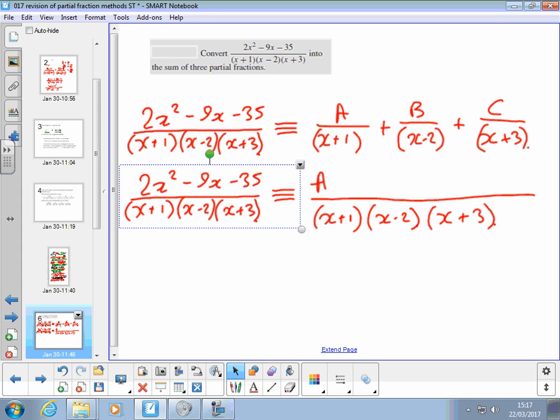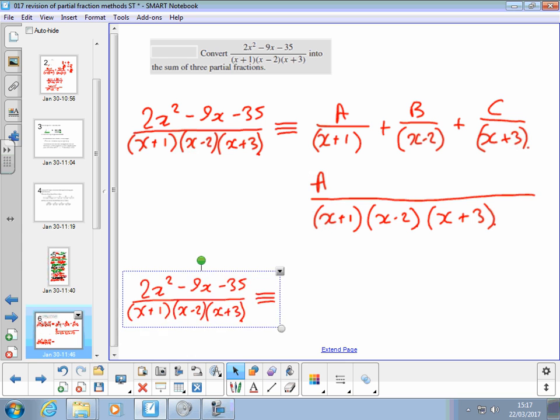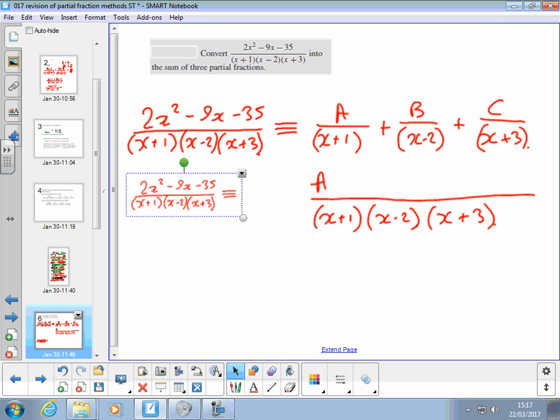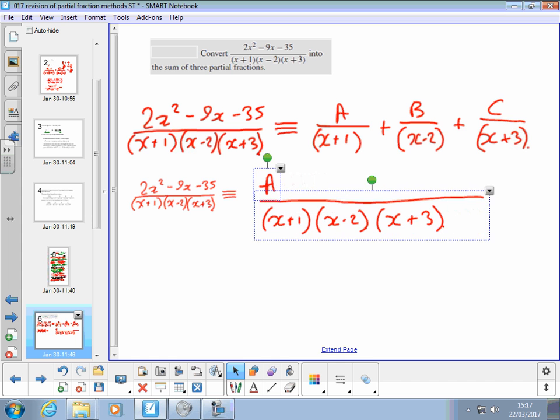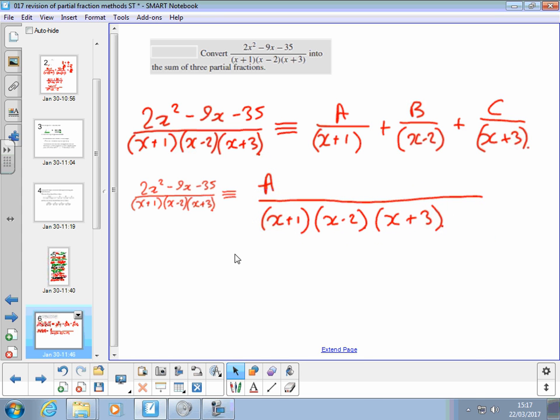I'm probably going to have to take that out of there so I can fit all this in. Let's make it a bit smaller. What have I had to multiply? What we've got to do here is look at what I've had to multiply x plus 1 by to get to this common denominator.